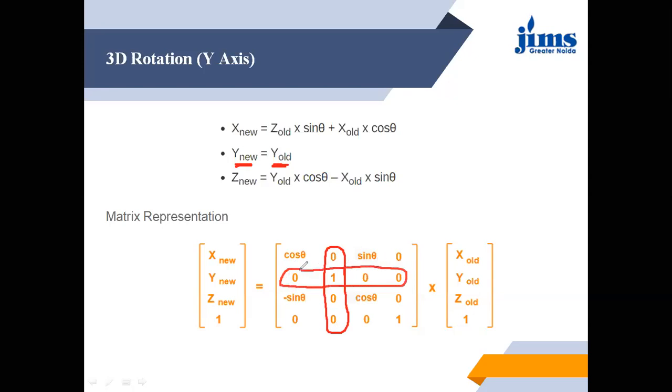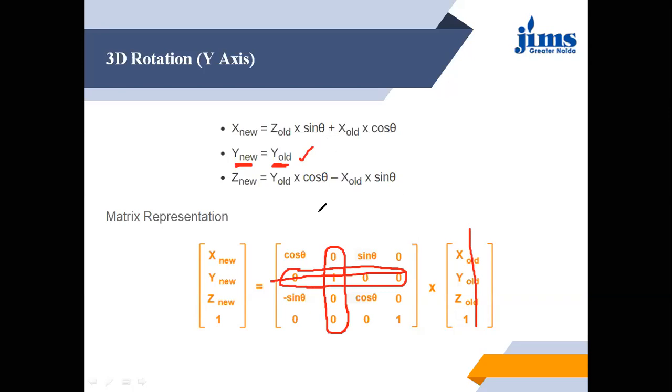To find y new, we multiply this row with this column. Multiplying 0 with x old gives 0, and 1 with y old gives y new equals y old. All other values are 0.